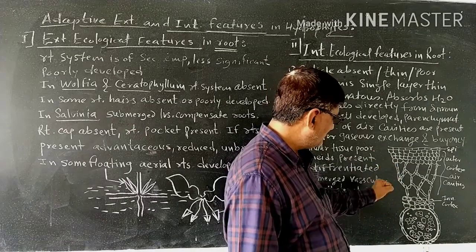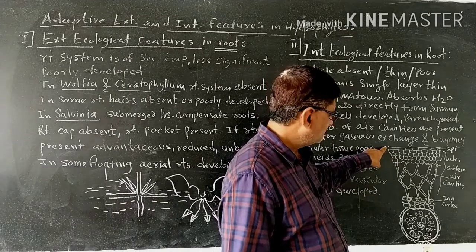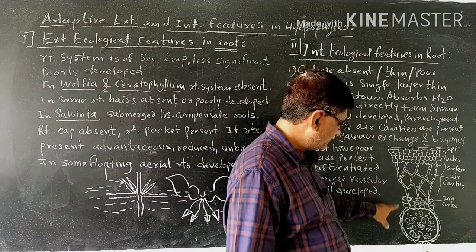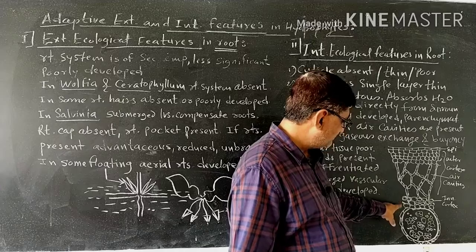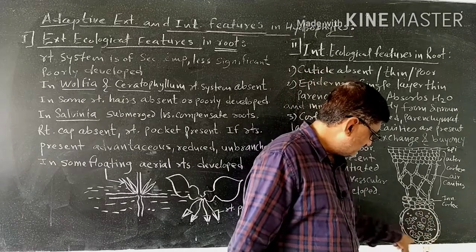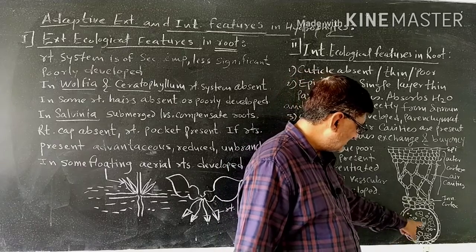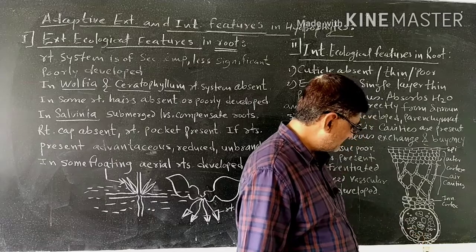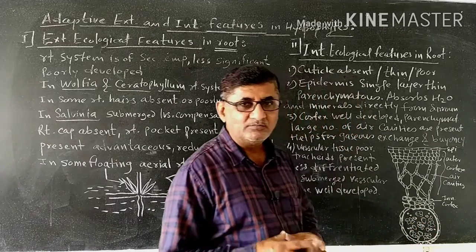You can see the internal structure: single layer epidermis without cuticle, then outer cortex with plenty of air cavities, then inner cortex, which is also parenchymatous, and this is the stele or vascular tissue, with pericycle, less developed xylem cells and phloem cells, and at the center the pith is present.